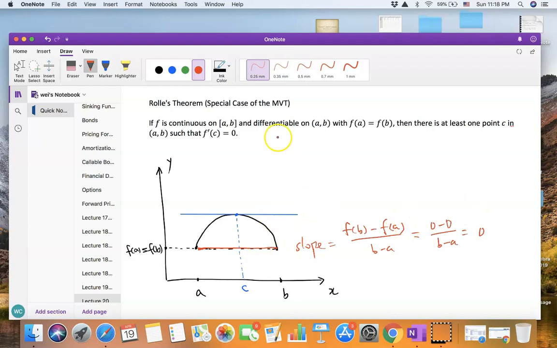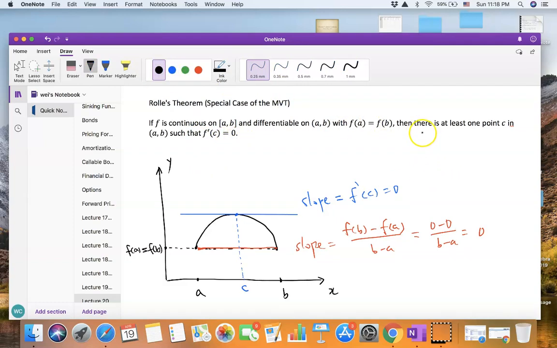So that's why the slope of this blue line is also 0, because these two are parallel. In this graph, we can find only one point where the derivative equals 0.